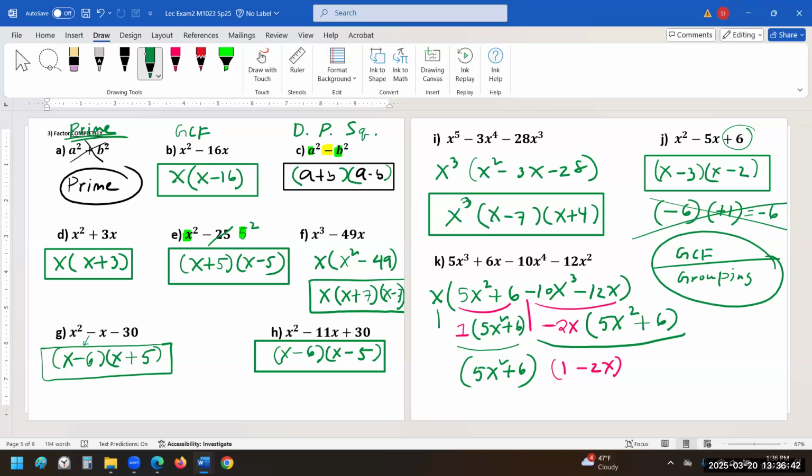And you cannot forget about our GCF. So this has 3 factors. If you tell me your factor is only negative 2x, it's wrong, because if you multiply them back, you don't get the original one back.